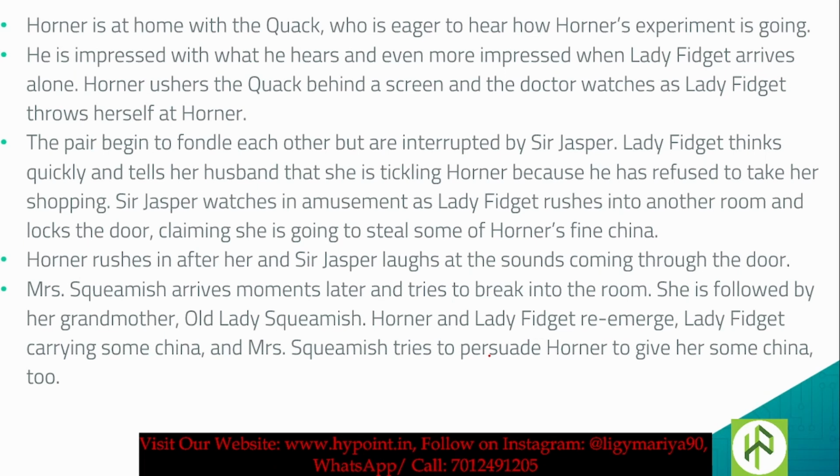From the room, Sir Jasper can hear some noises. They are talking about the china set, but actually they are having sexual intercourse. He failed to understand the double meaning of what they are saying. So that's what is happening in the China scene.